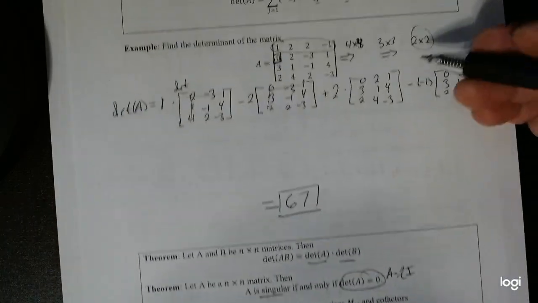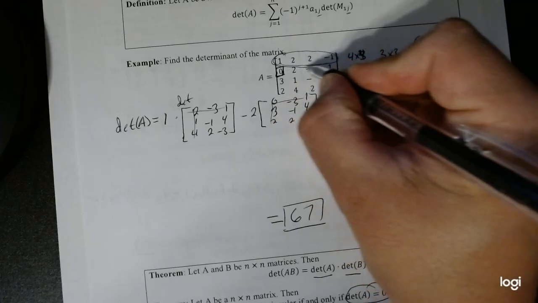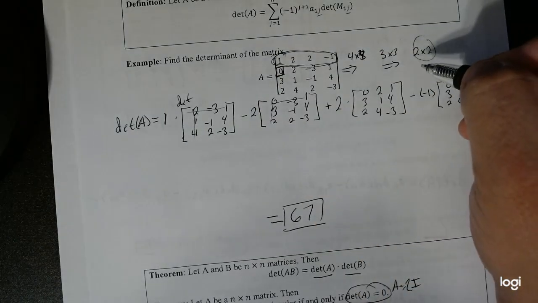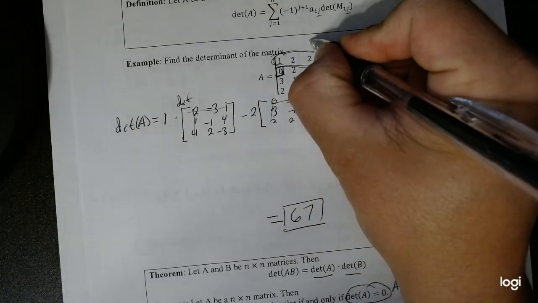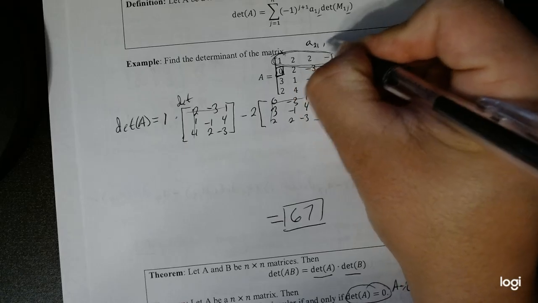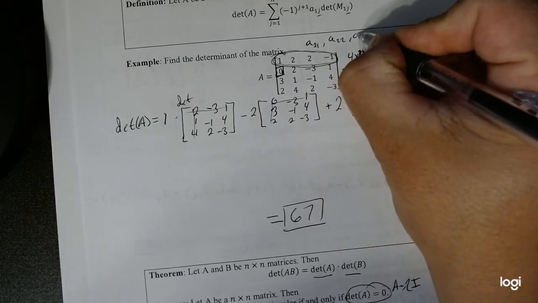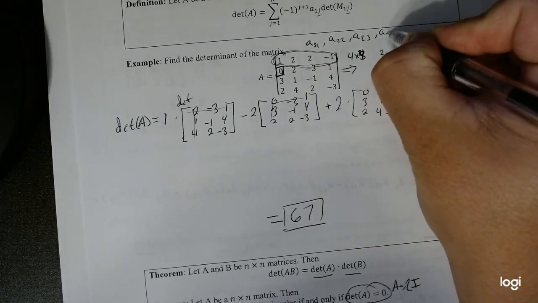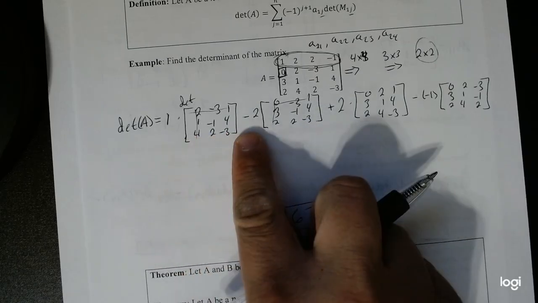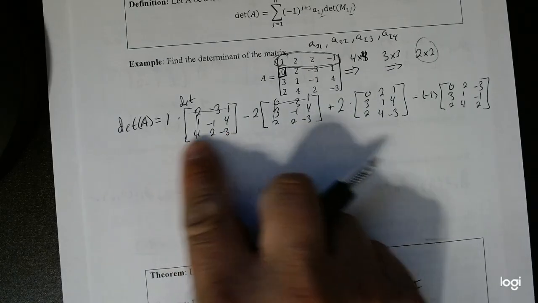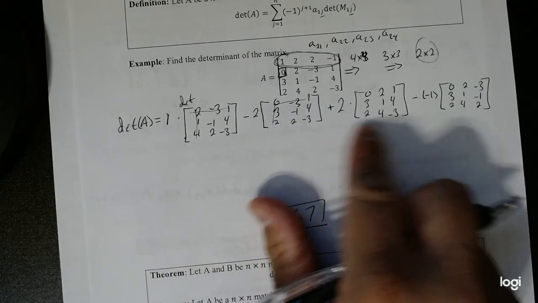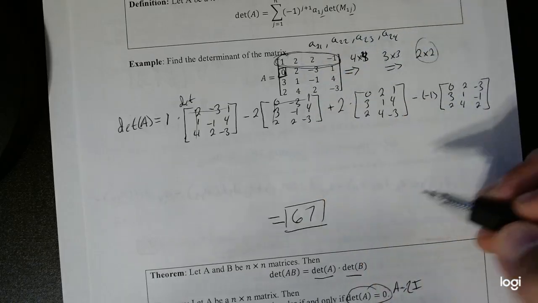So meaning instead of using this row itself, if I use the second row, my first term will be A21, A22, A23, and A24 instead of A11, A12, A13, and A14, I get the same result.